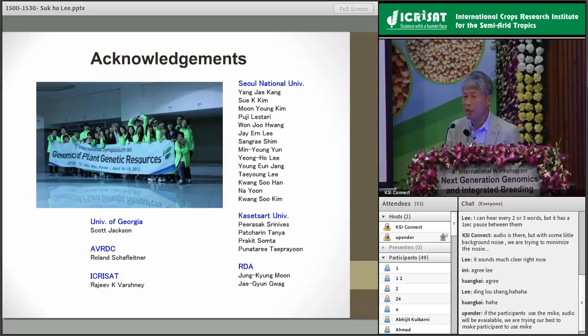Actually, we started the genome sequencing of Vigna angularis, so we will do some initial study on that soon.